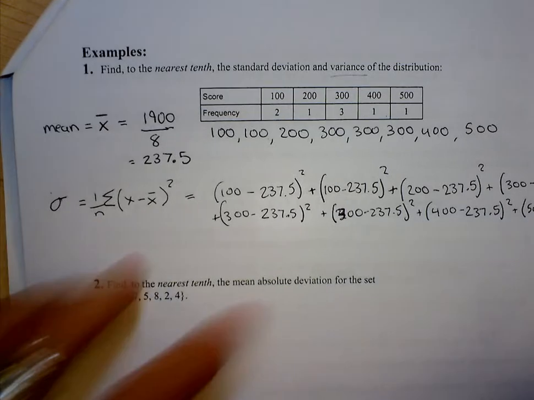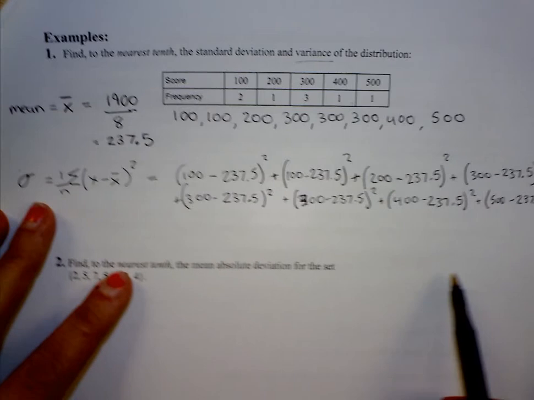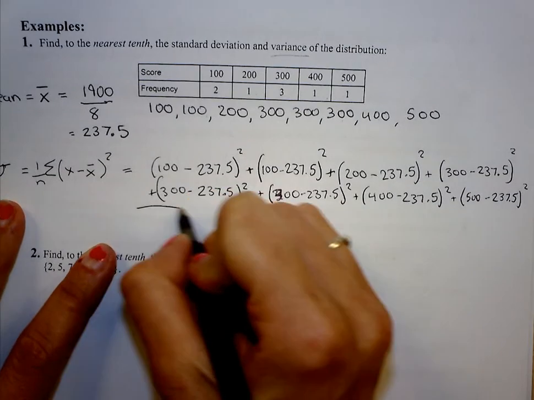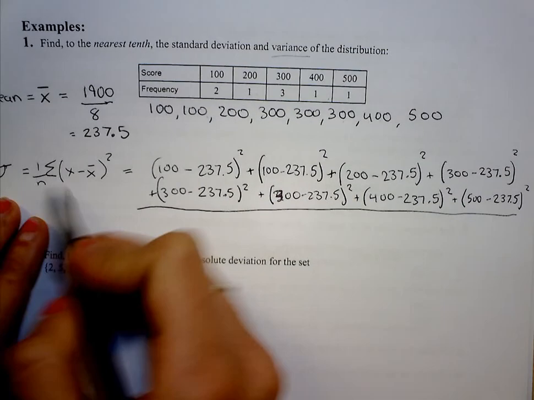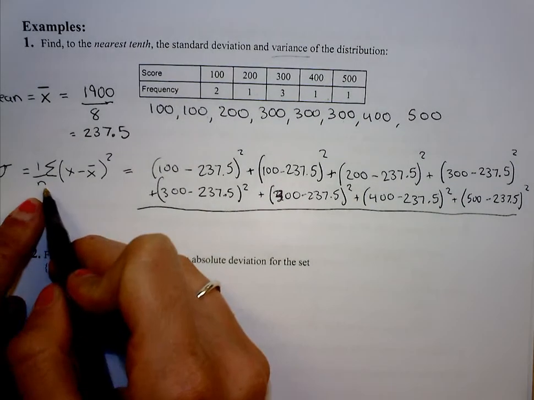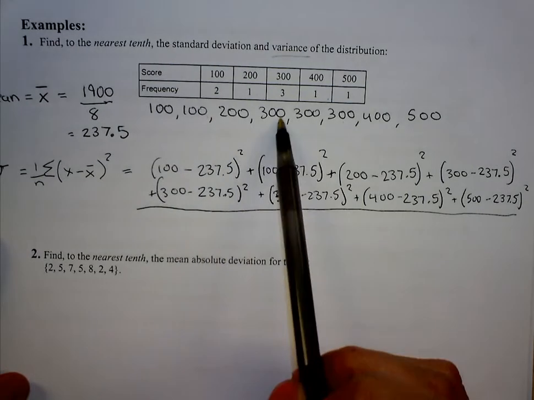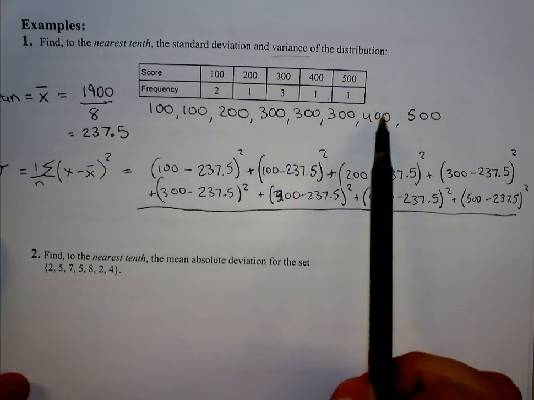All right, when I finish that for all my data points, my last step is to divide that whole thing by n. N is the number of data points I have. So 1, 2, 3, 4, 5, 6, 7, 8 data points.